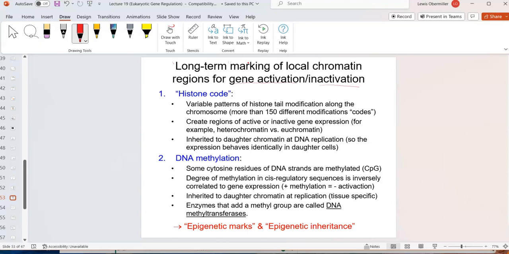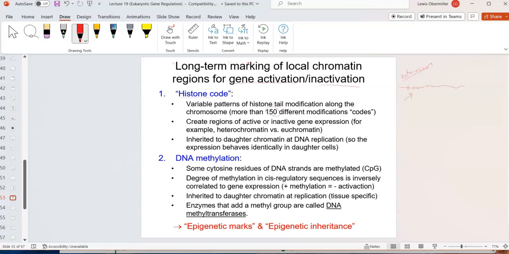So there's more than 150 different modifications that can be done to histones. And so you can imagine you have this histone tail, and we're going to have lots of different stuff, kind of like the enhanceosome. So the enhanceosome is made up of complex parts. Again, we can have all kinds of different modifications to histones, and those are going to cause different effects.